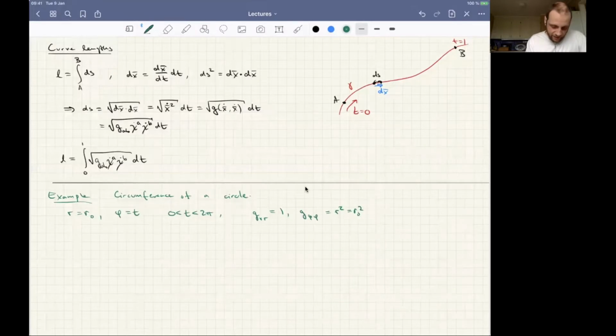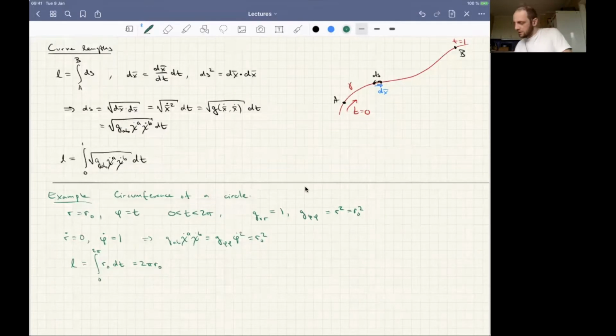So r dot is 0, phi dot is 1, which means that this expression here, g_ab chi dot a chi dot b, is g_phi phi times phi dot squared, which is just r0 squared. So the length in this case is the integral from 0 to 2 pi of the square root of r0 squared, which is r0, and our curve parameter is dt, so we end up with 2 pi r0, just as we should, right?